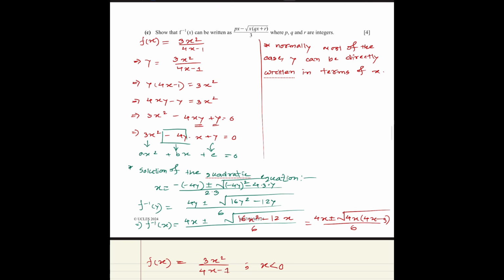Okay, now they have given us a format. So comparing this with the format, px minus the square root of x times (qx plus r), divided by 3.